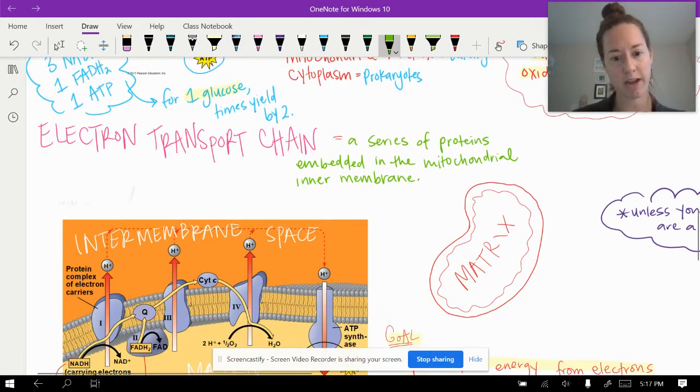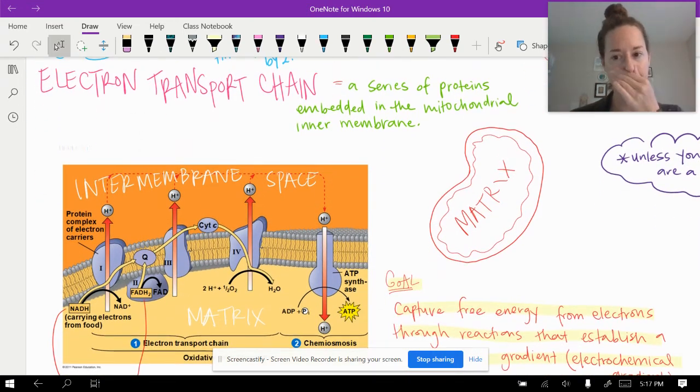So if I look at my little diagram here, the first one is more like a scientific drawing, which I'll talk about in a second. The one that I drew, I just want to show kind of where this is. So inside the mitochondria is the matrix. And the actual proteins that are in the picture with the orange background are embedded along this membrane.